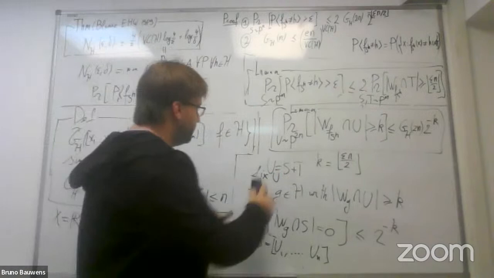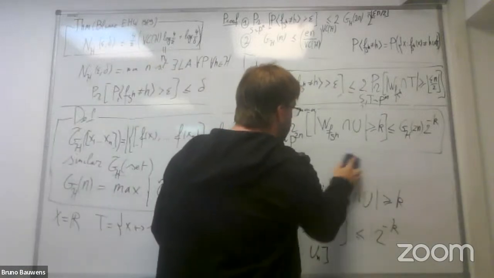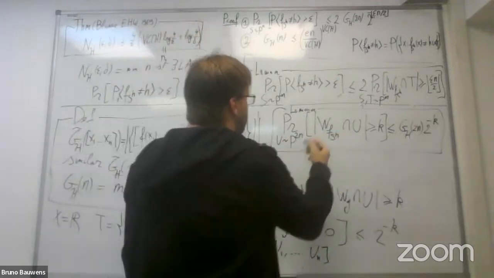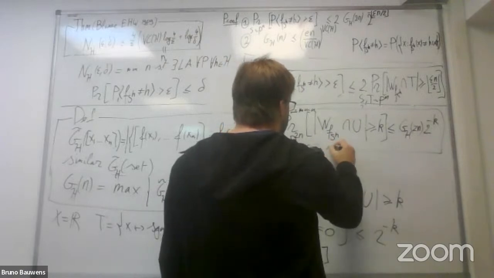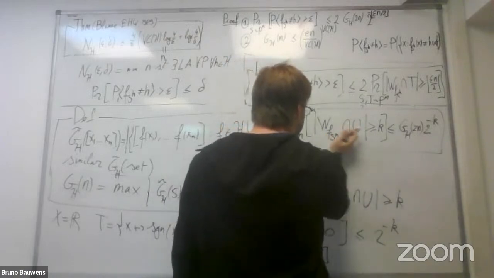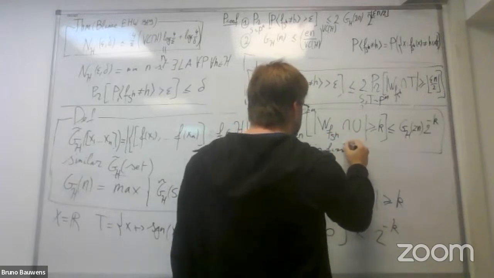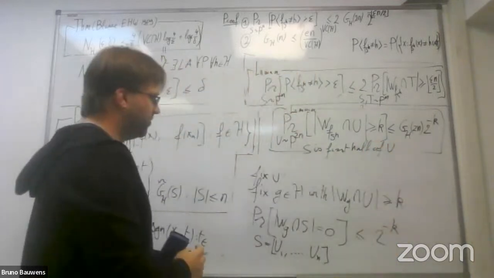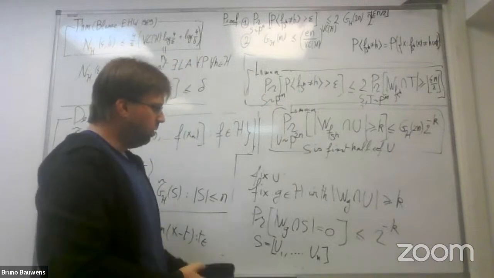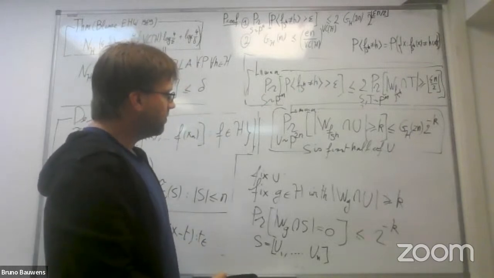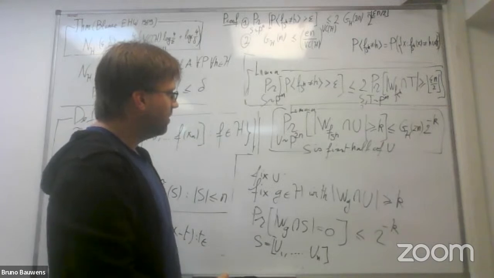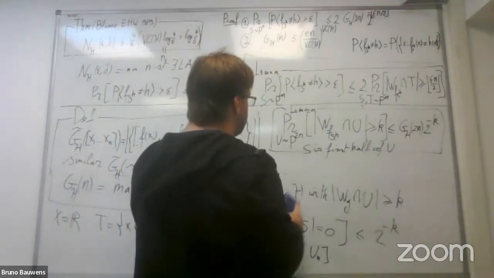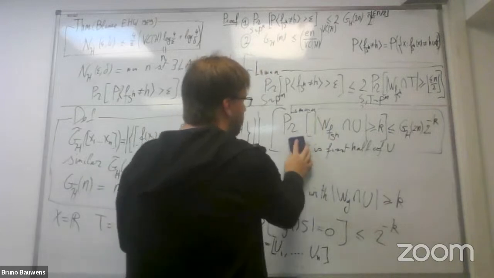Here in the lemma S is random, it is the first half of U. Sorry, I didn't write the lemma right.